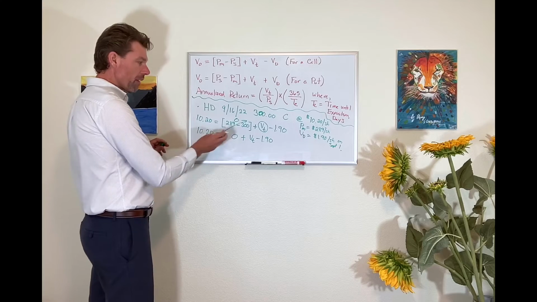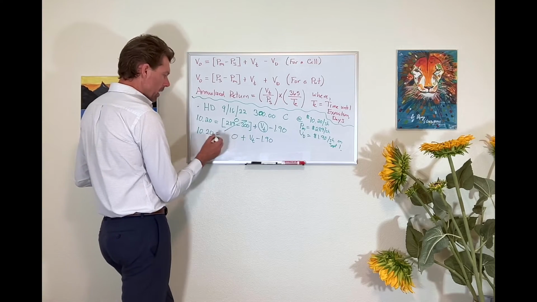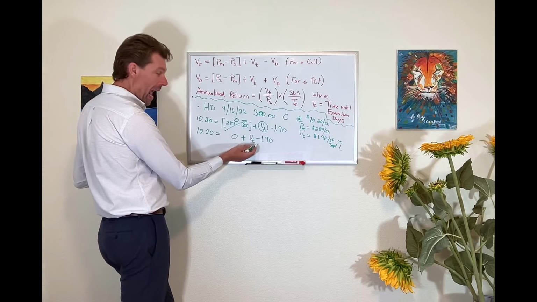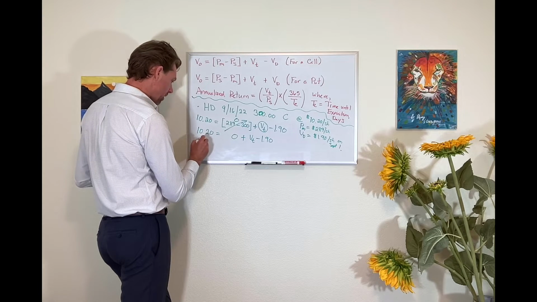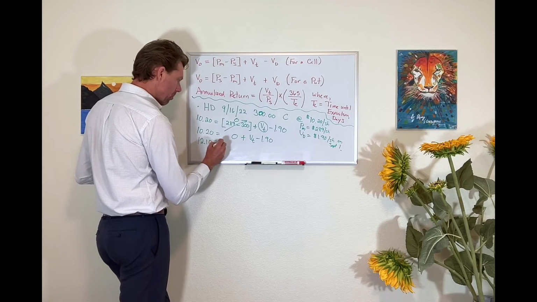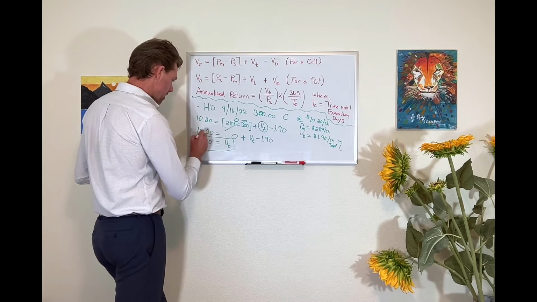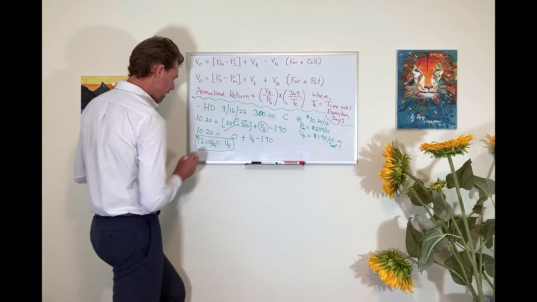Now, simply solving for the time value, if I want to get rid of this negative 1.9, which means I'm going to have to add 1.9 over here, and that's going to give us 12.1 equals VT. Okay, and if you want to add in the units, that's dollars per share.